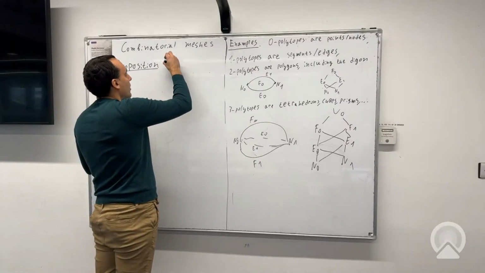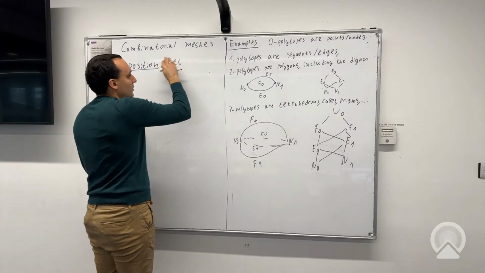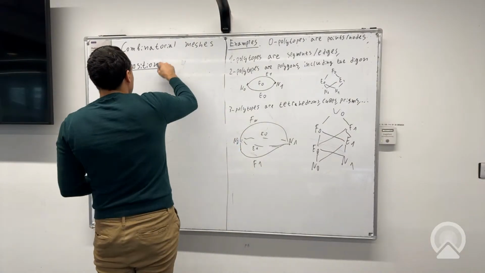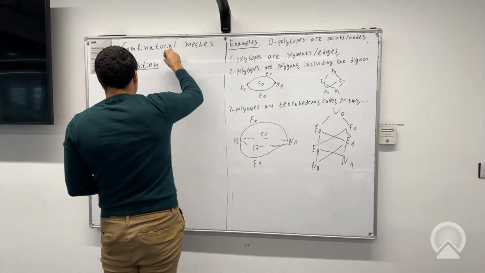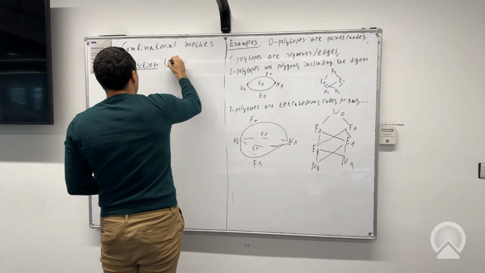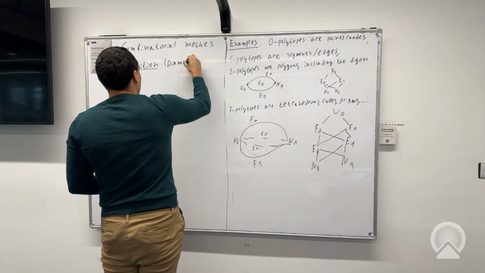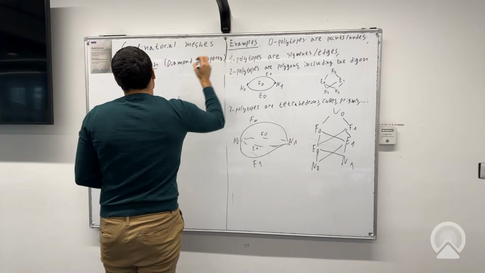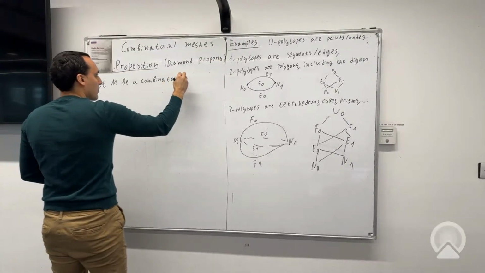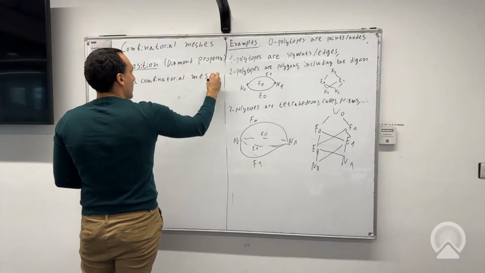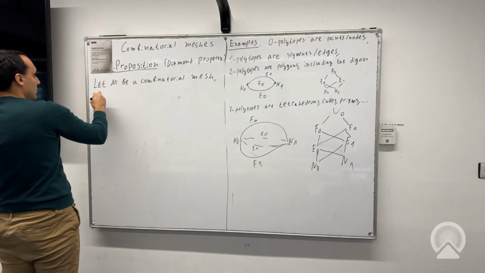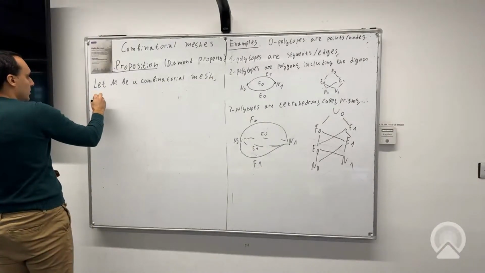So this is called the diamond property. It has a generalization, but we do not need it. So it's the diamond property. P is an integer.